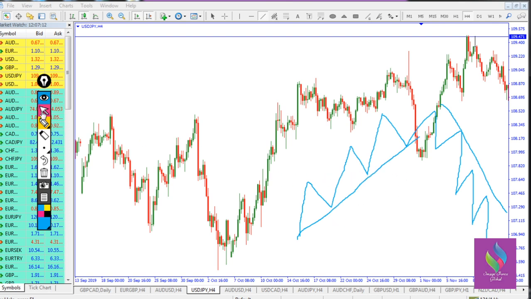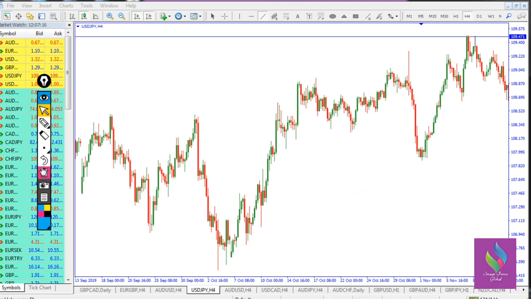The last time we talked about support and resistance, and we said that support and resistance is basically where you have memory, a region where this particular thing happened at this particular time.